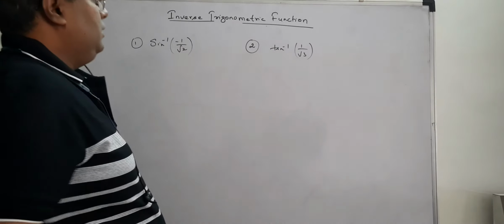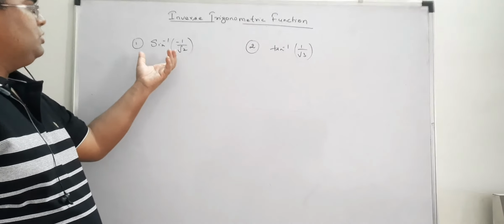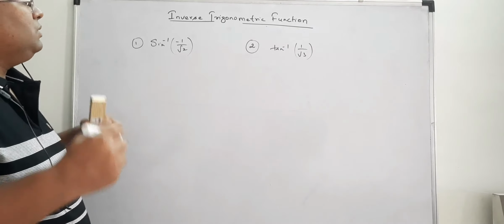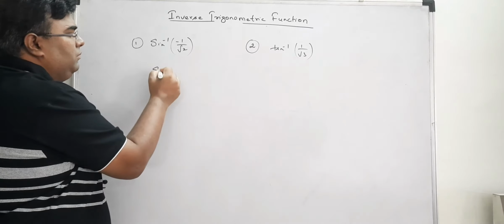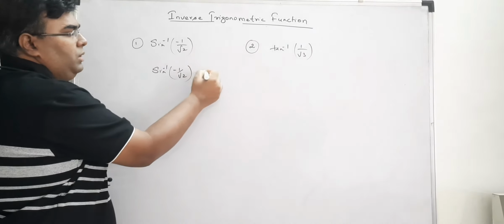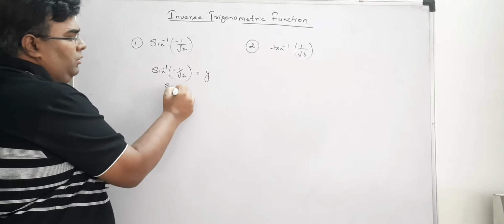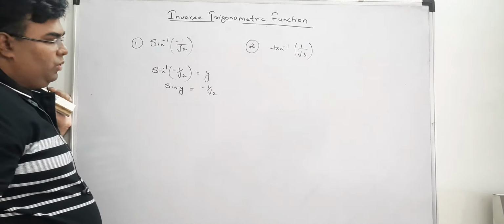Now let us take some examples. We need to find the principal value of sine inverse of minus 1 by root 2. So how do we find it? Sine inverse of minus 1 by root 2 is equal to, let's say, y. So sine y is what? Minus 1 by root 2.